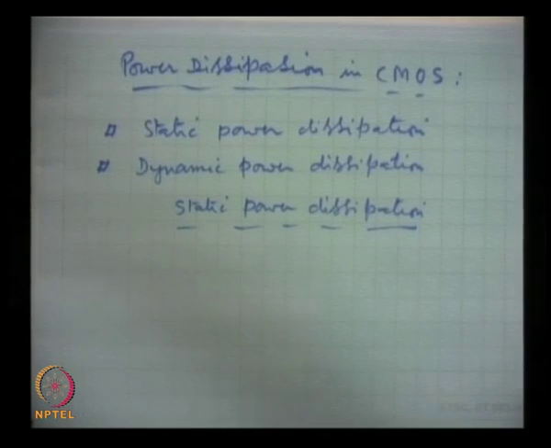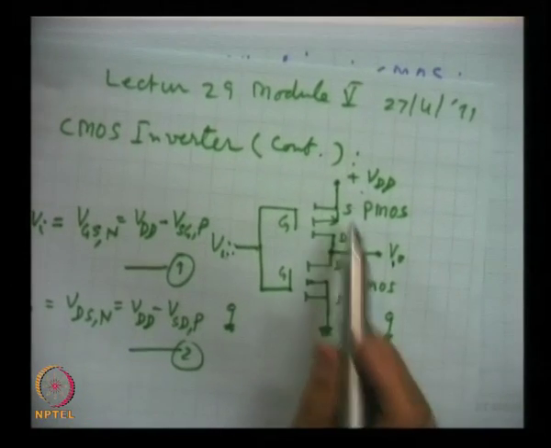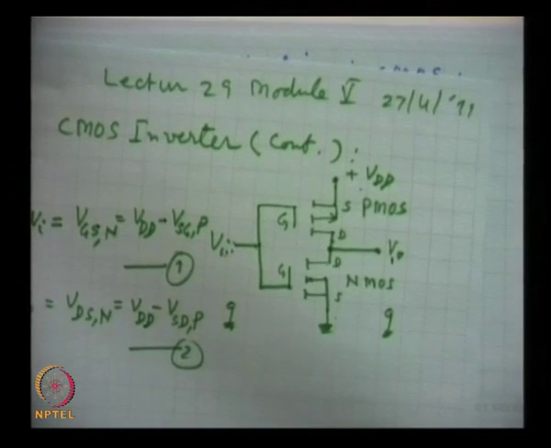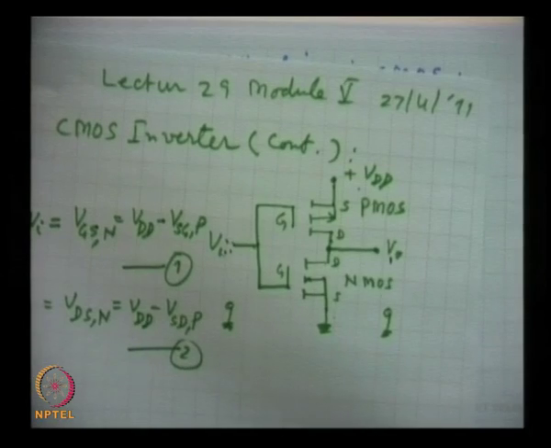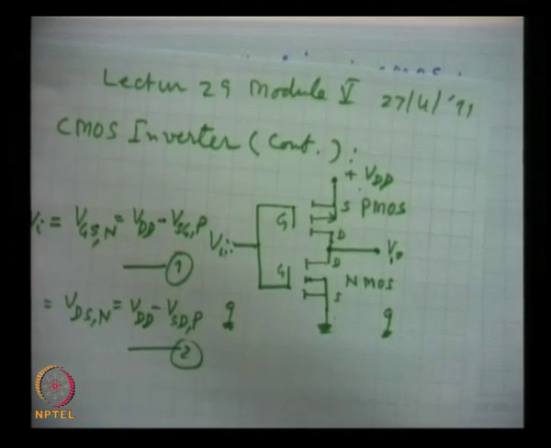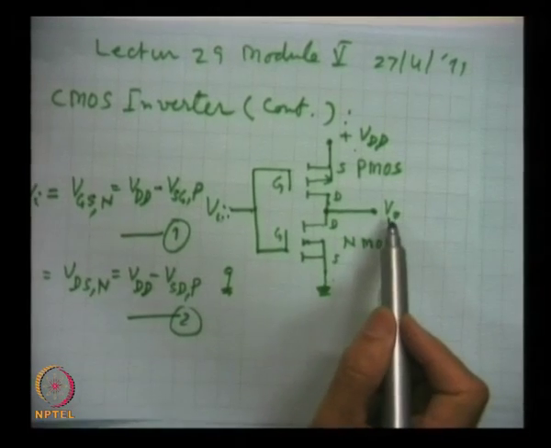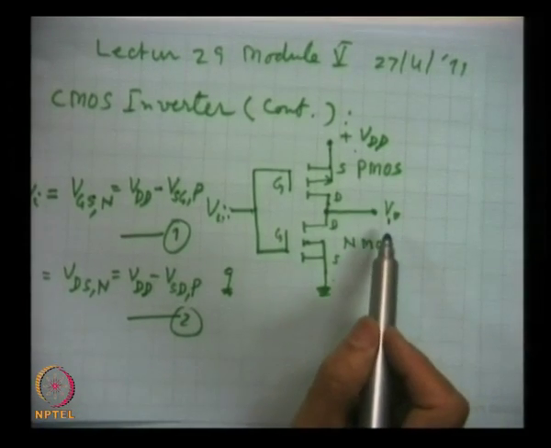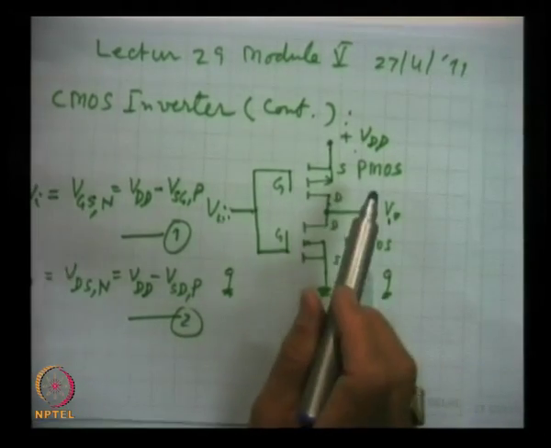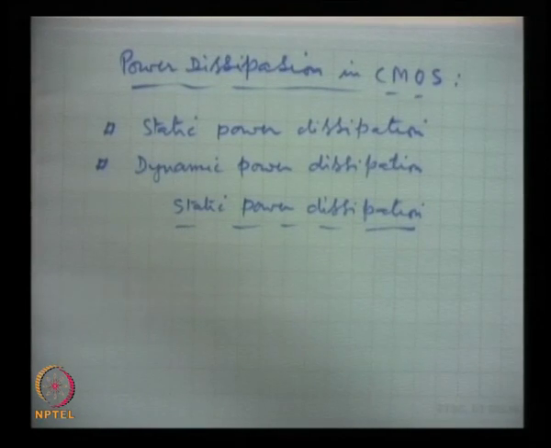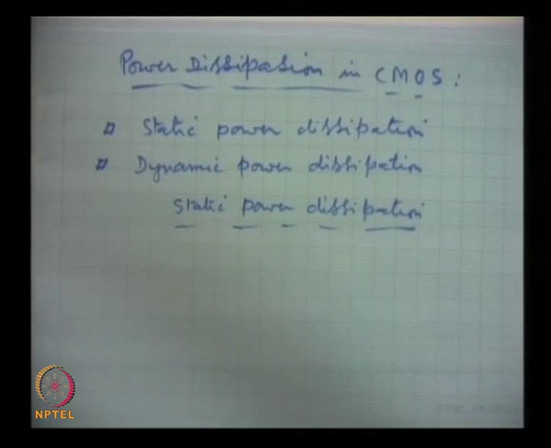Static power dissipation occurs when these MOSFETs have changed states, for example, from high output to low output, or vice versa. So, the states have already changed. What is the power dissipation in that changed state? That is called static power dissipation.